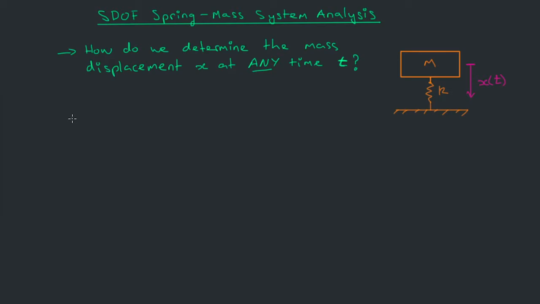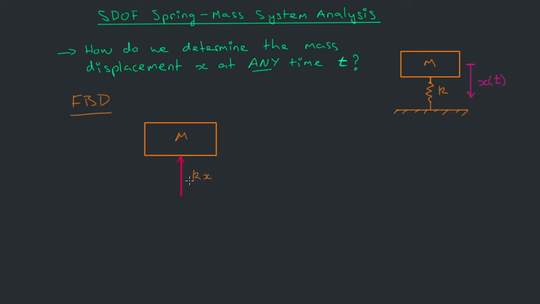So to analyze this system, we want to find the forces acting on it. The first step we do with anything in mechanics is we draw a free body diagram. I've drawn this free body diagram down here, and as you can see, we've just got our mass and this force here, K times X. K times X is the spring force.